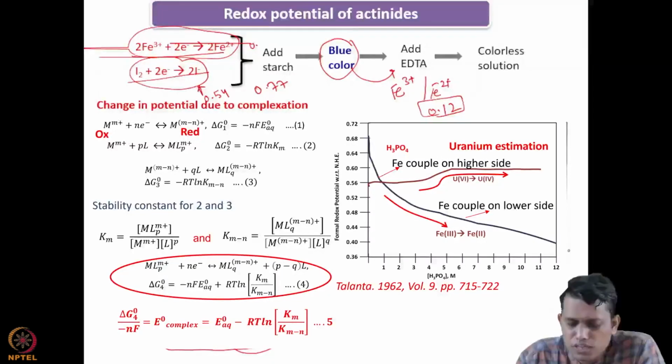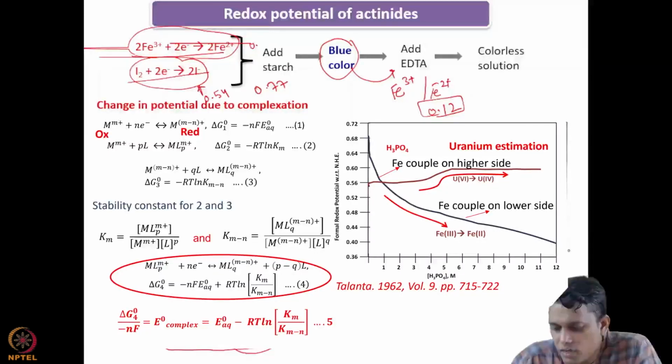So here the reduction potential of the iron couple is higher than that of uranium, whereas the reverse is true here. What it means is that here iron will get reduced and uranium will get oxidized, whereas here uranium will get reduced.